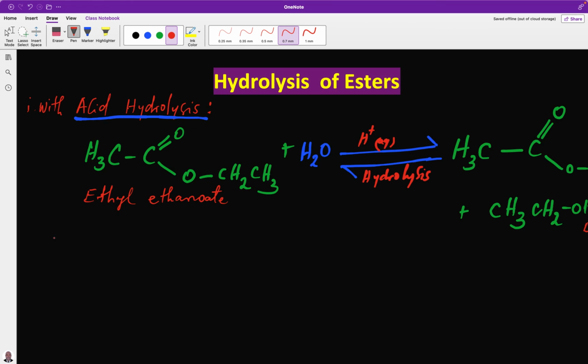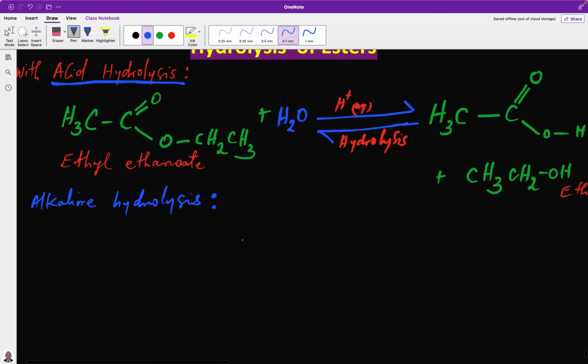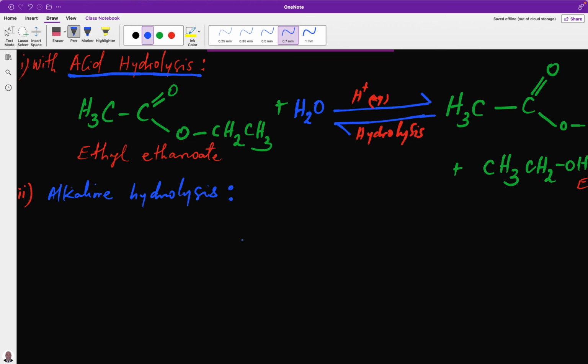alkaline hydrolysis, with alkaline hydrolysis, the reaction is not reversible. With alkaline hydrolysis, the reaction is not reversible. This reaction is not reversible.